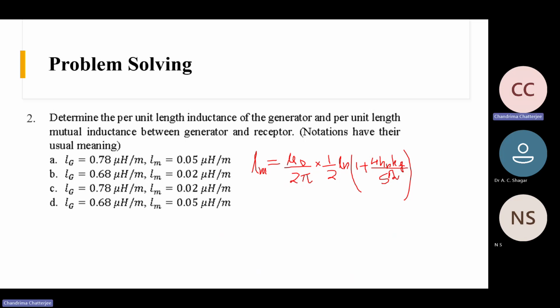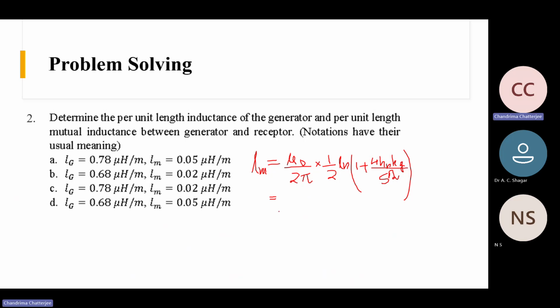HR, HG are known. ACE is also known. Substitute the values. So if you substitute these values, HR is 1 centimeter, right?